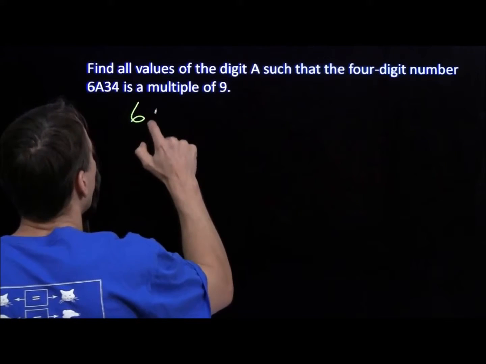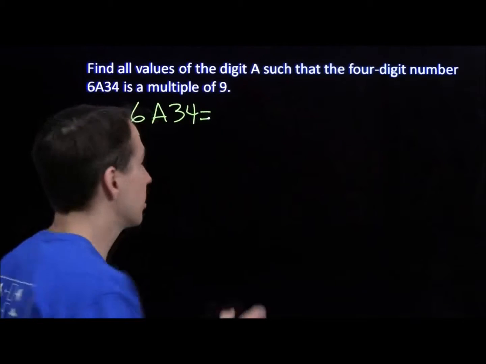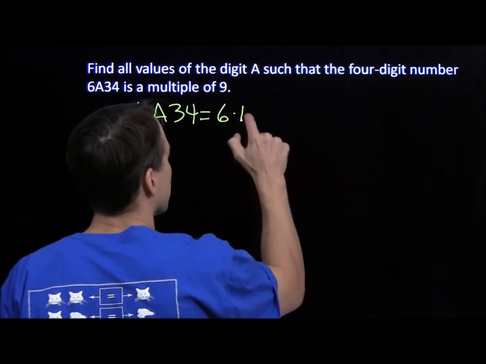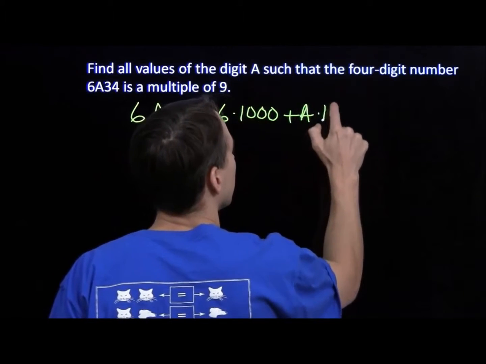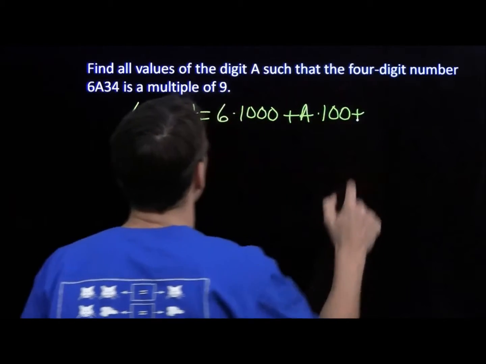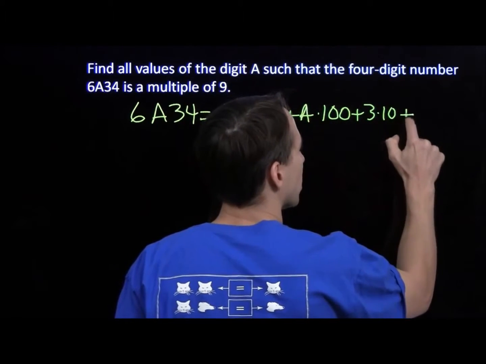Let's start off by writing our number, 6a34, in terms of its digits. So it's just 6 times 1,000 plus a times 100 plus 3 times 10 plus 4 times 1.